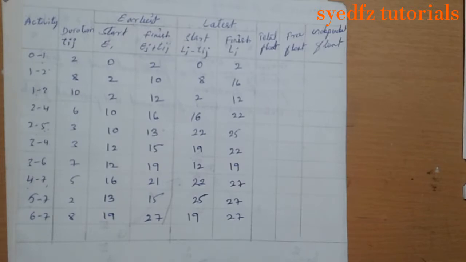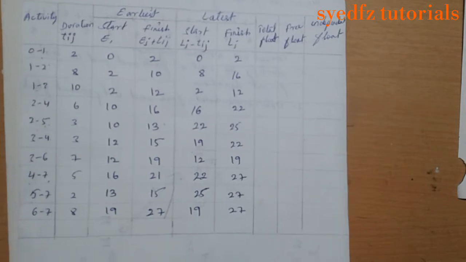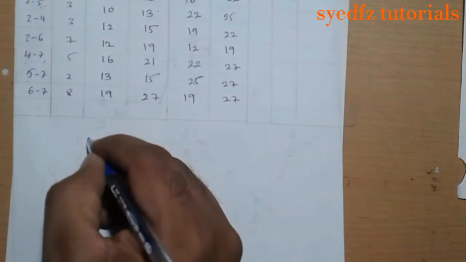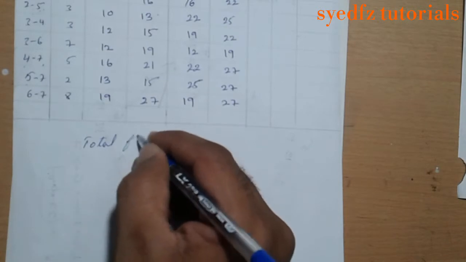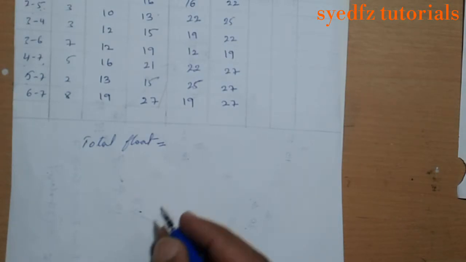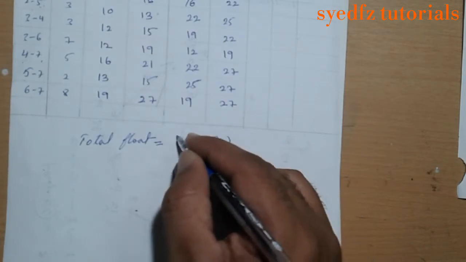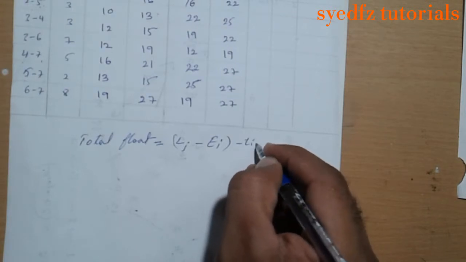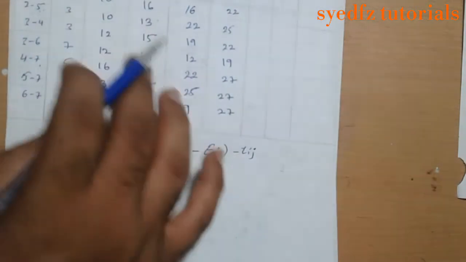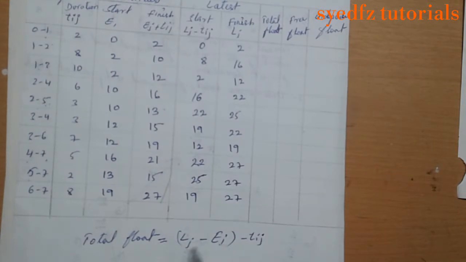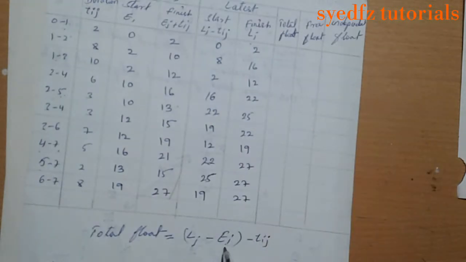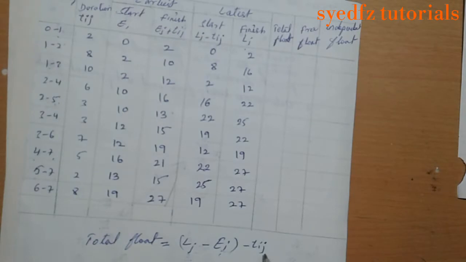The total float will be calculated by the following formula: L_j minus E_i minus T_ij. Here E_i is the earliest start, L_j is the latest finish, and T_ij is the duration.